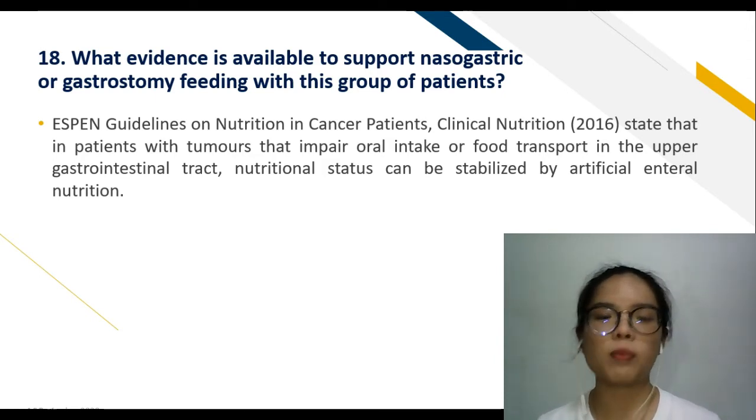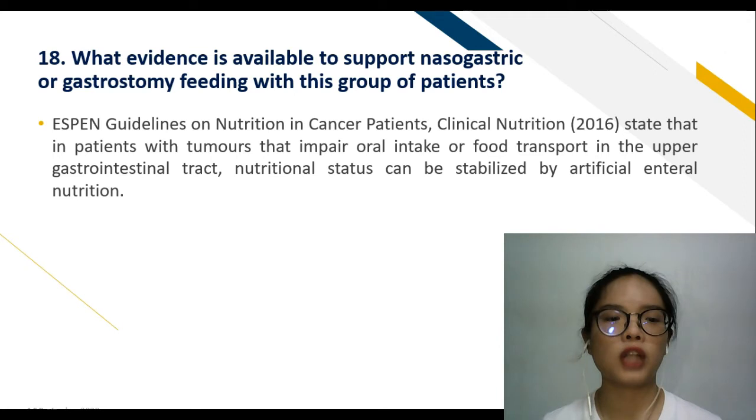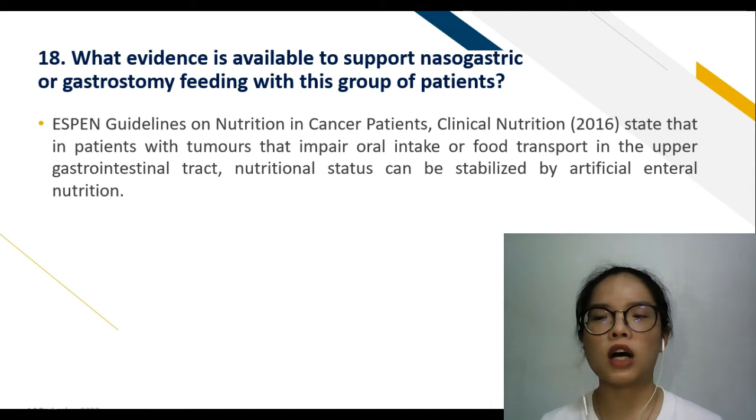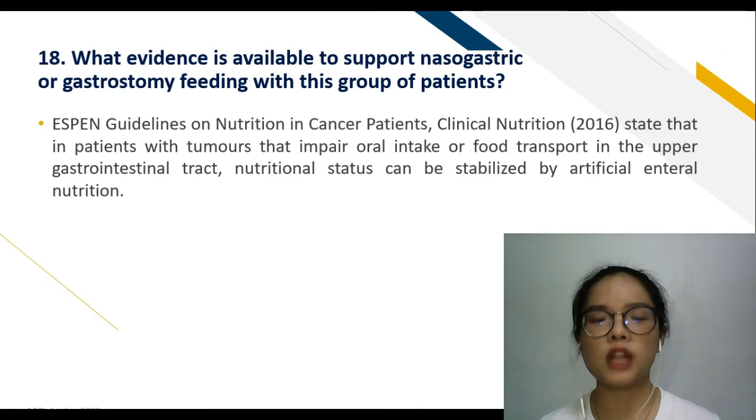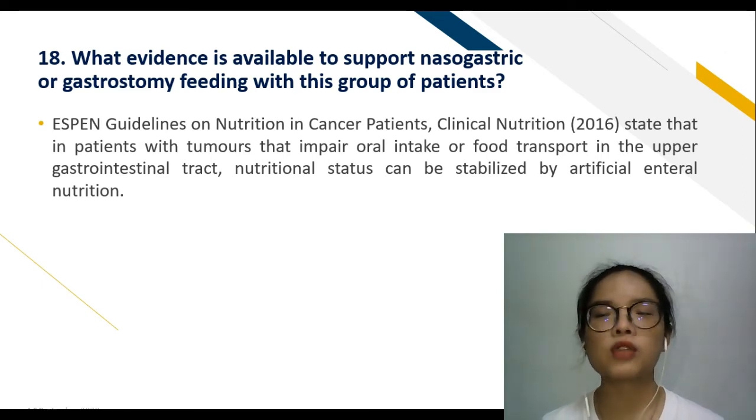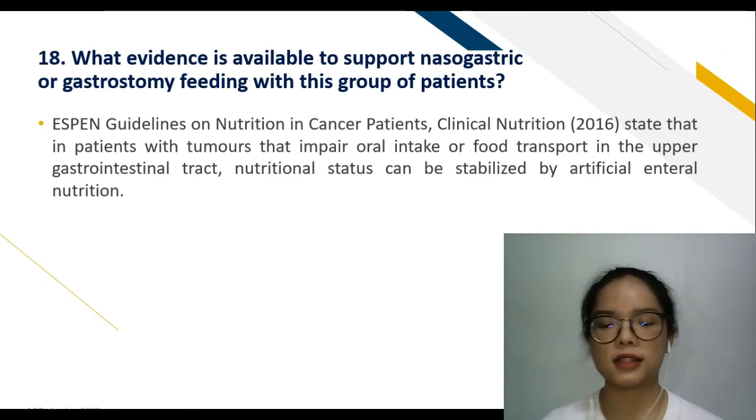So this supports nasogastric or gastrostomy feeding for those patients who do not achieve the energy requirement, around less than 60%, or who cannot eat for more than 7 days but whose gastrointestinal tract is still functional. So artificial enteral nutrition will be given to them to stabilize their nutritional status.